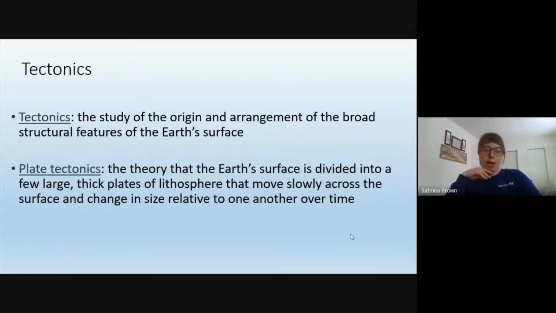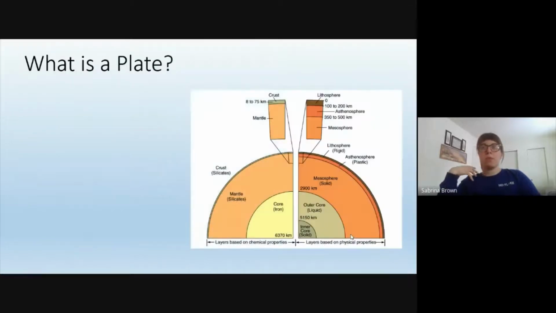They ride on top of that plastic asthenosphere, and they change in size relative to one another over time. They move around. And that movement of these huge plates of lithosphere on top of the asthenosphere, and their change in size, make these surface features, like mountains or ridges or trenches on Earth.